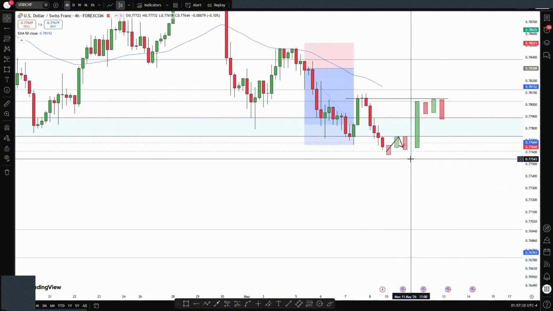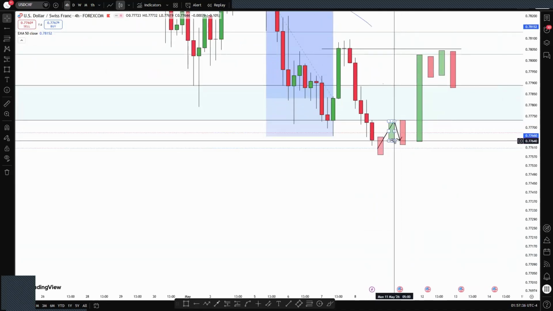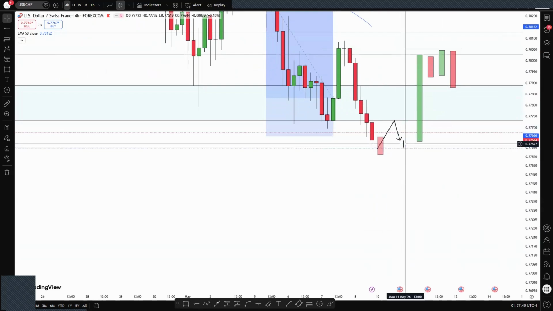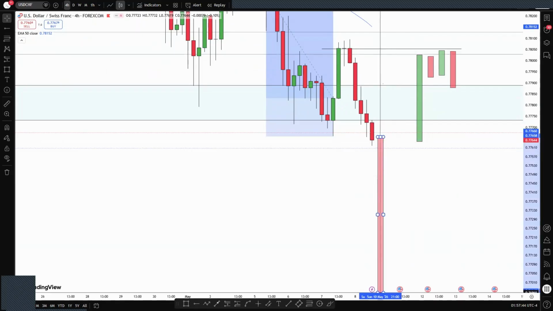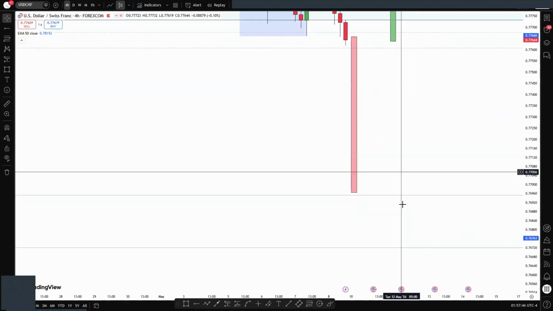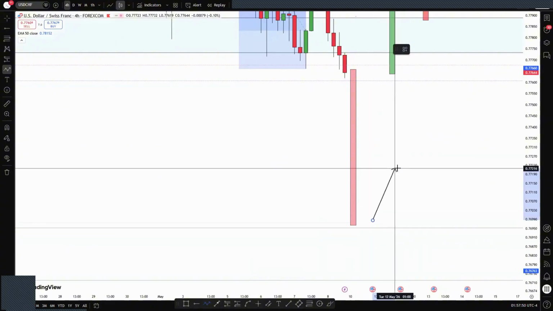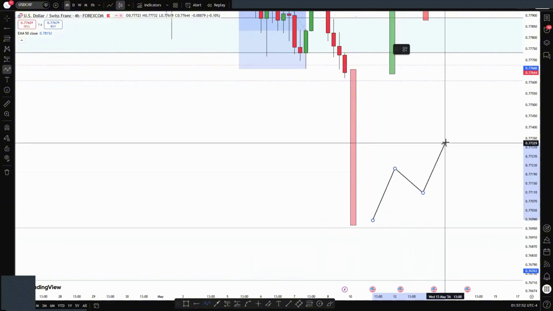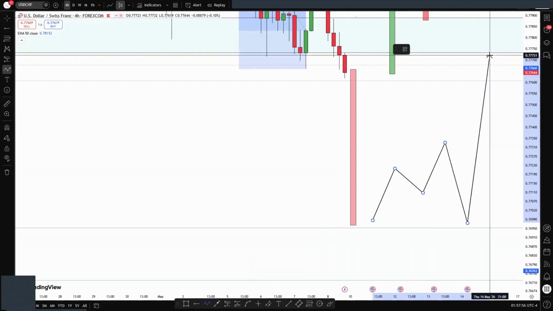Then the second scenario I put for you was price might just open with a straight drop, and maybe even give you a bit of green candles but still drop, and you don't get your entry back at this level.